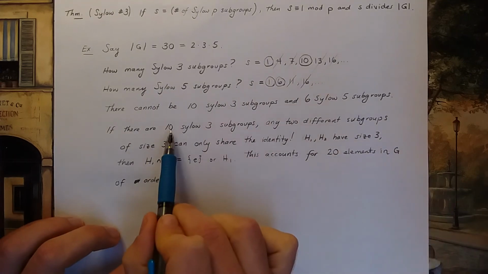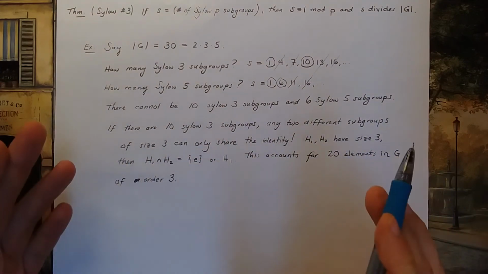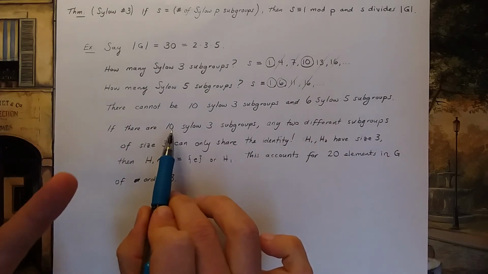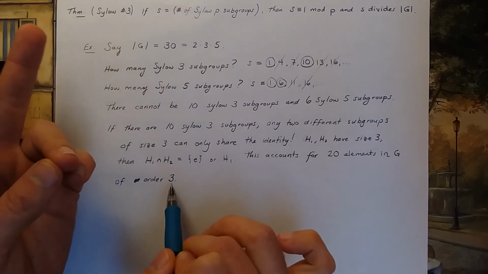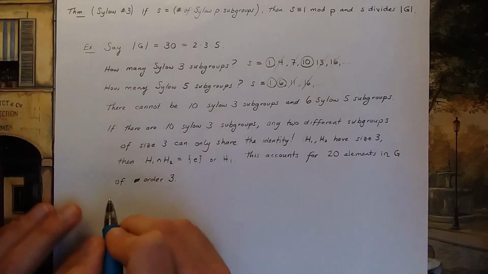I have 10 subgroups. Each of them contains the identity, so the identity is in all of them. And each one of these 10 subgroups has two other elements in it. Both of those two elements have order 3, so then I have 20 elements of order 3.